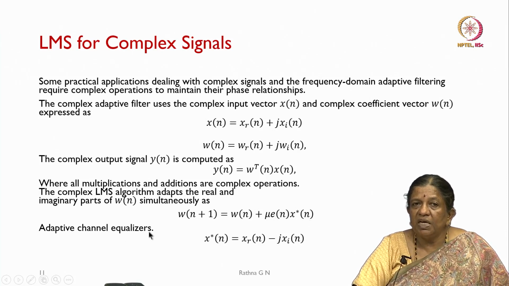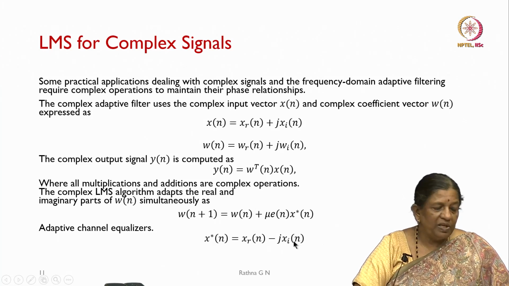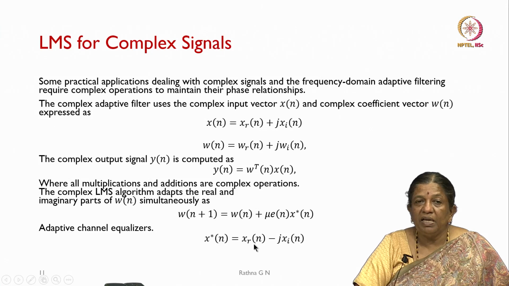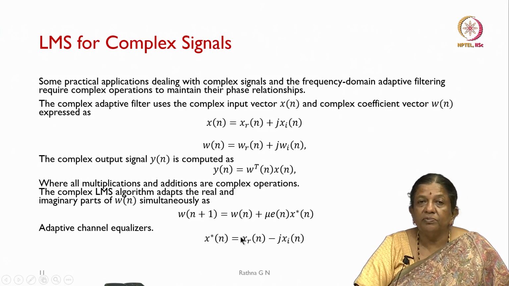Adaptive channel equalizers use x conjugate of n as x real of n minus j x imaginary of n. We will see these applications a little later.